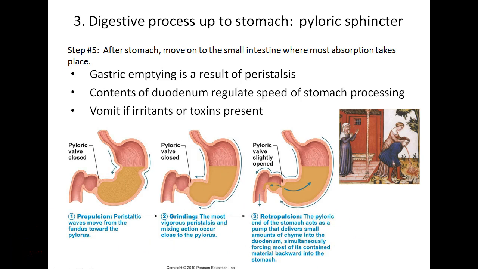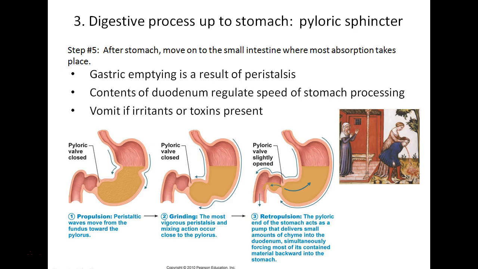So at this point, the stomach is getting ready to move its contents onto the small intestines, and that is where most of the nutrient absorption is going to take place. To do this, we need gastric emptying, and that's a result of peristalsis. So again, those complex muscles in the stomach are going to move to put that food into the small intestines.